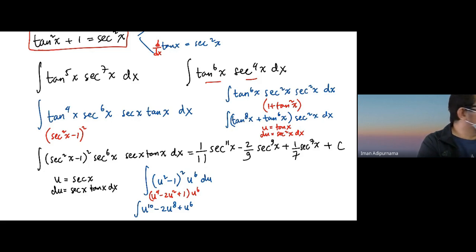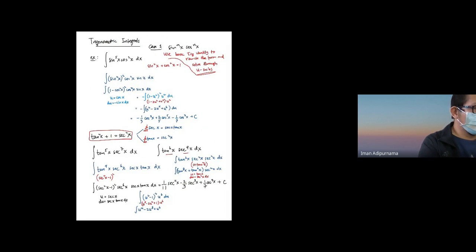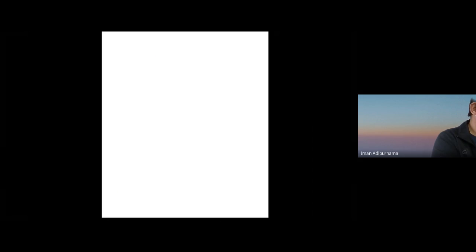And the next one is still trigonometric integrals. So we have the sine, cos, and tangent secant relations. Now, how about if we have the integral of sine squared x dx?